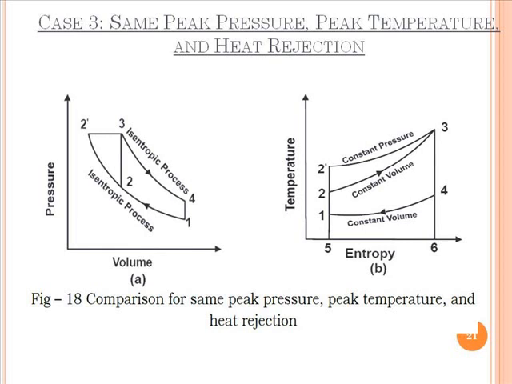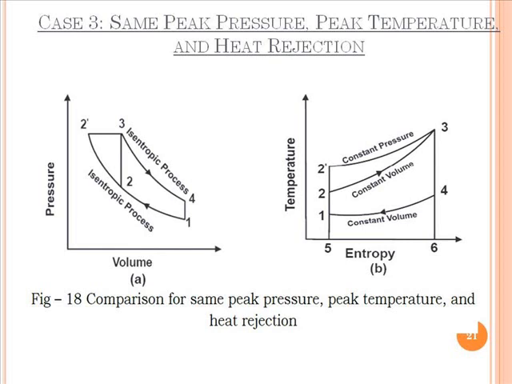From the TS diagram you can see the area under the curve 2 to 3, that is the amount of heat supplied for Otto cycle, which is lesser than the amount of heat supplied by the diesel engine, which is represented with the curve 2-3 dash, and because of that the efficiency of diesel cycle is more than that of Otto cycle when we consider same peak pressure, same peak temperature and same heat rejection.